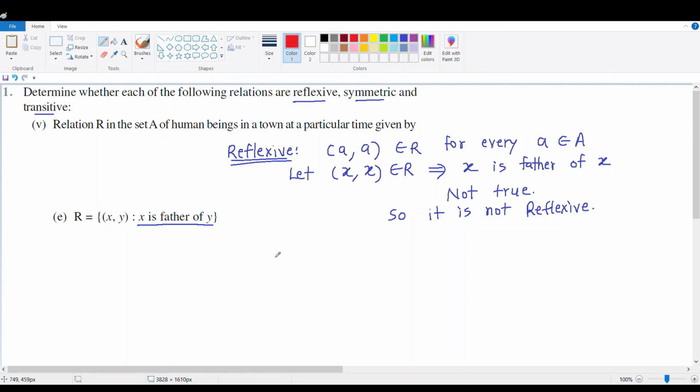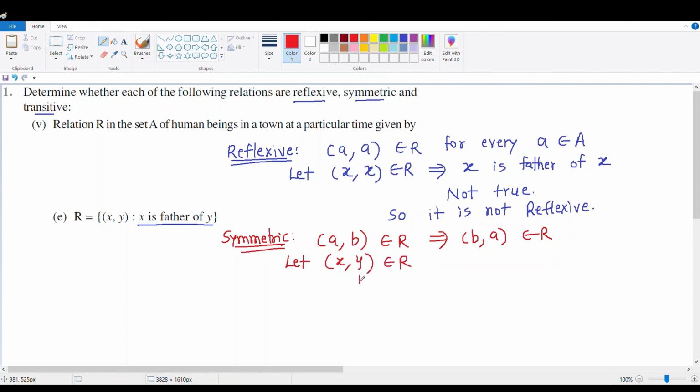Okay, now we are going to check for symmetric. The symmetric definition says what? That if you have some element (A, B) in R, then you must have (B, A) in R. So let (X, Y) belong to R. That means from this condition, X is father of Y. Now if X is father of Y, does that imply that Y is father of X?